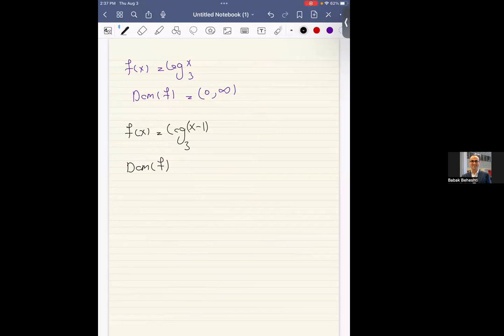X larger than 1, because x minus 1 must be positive. That means x must be larger than 1. So the domain of x here is from 1 to infinity.